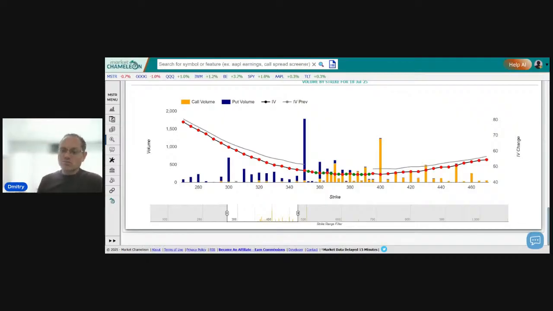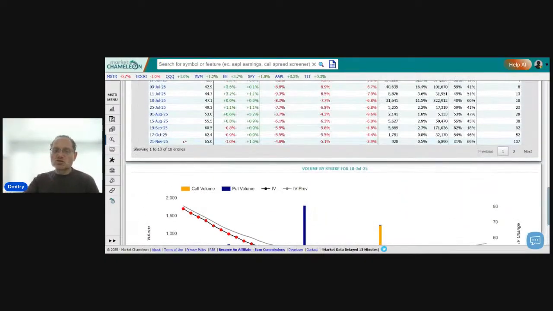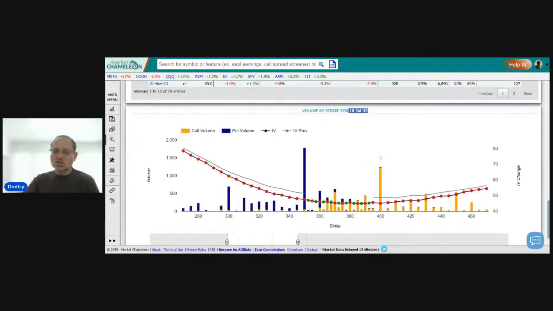So this looks like a smile where both wings are showing that if we break out of this particular range within the July 18th expiration, that volatility is expected to increase at a higher rate to the downside than to the upside, but nevertheless on both sides.